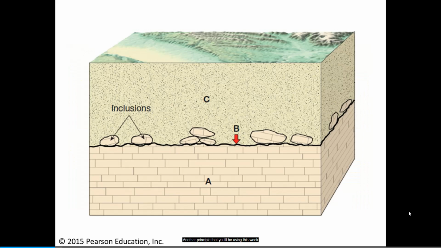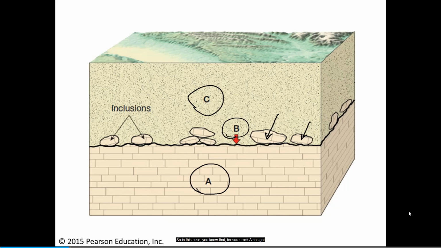Another principle that you'll be using this week in lab is the principle of relative dating by inclusions. I like to refer to this as the raisin bread principle because you can't make raisin bread unless you already have raisins. So here you've got a rock unit A and you've got a rock unit C. There's also an ancient erosional surface, an unconformity, which we'll talk more about in just a moment, and that's labeled as B. But the key thing to understand with regard to inclusions is that there are pieces of rock unit A included in rock unit C. You can't break off a piece of something unless it already exists.